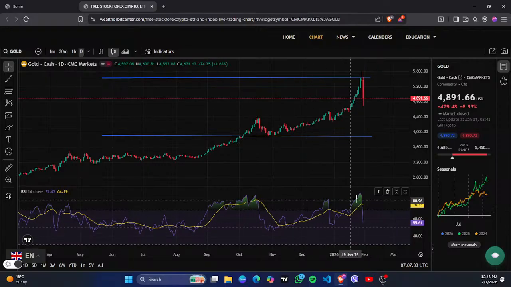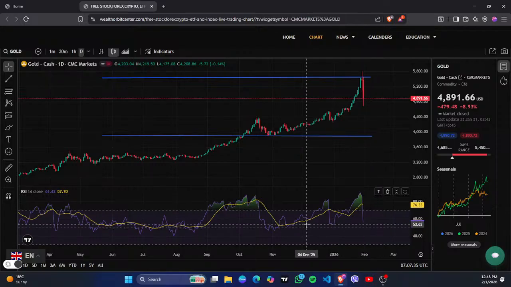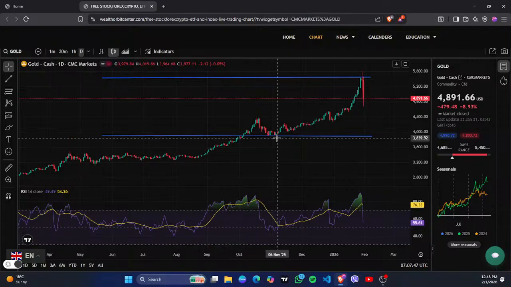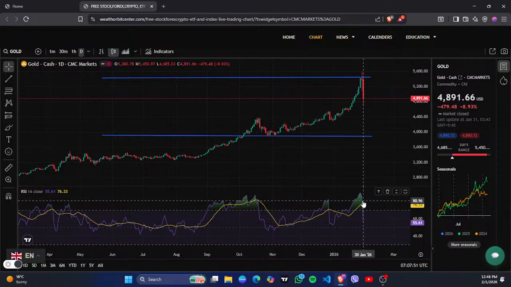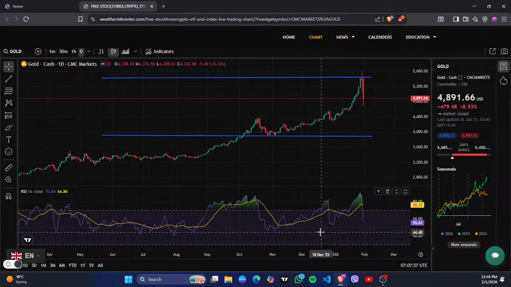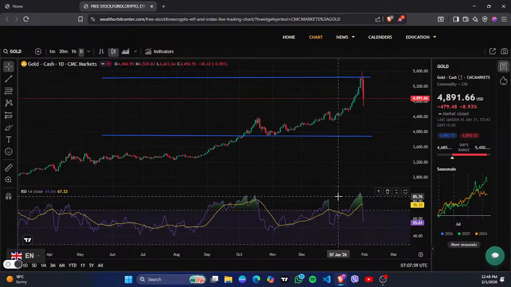RSI above 50 indicates a bullish zone, and the repetitive chart pattern has shown that it will rise again and it hasn't fallen below 46. So up to 46 there is a much higher probability, and 46 will be its support phase. I hope all of you got my point. I think this phase also has a higher probability of moving in the upward direction. Let's see what the market sentiment will be here.